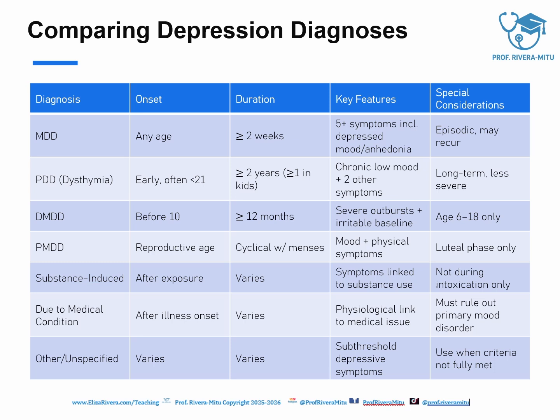Understanding course and context helps avoid misdiagnosis. Be sure to know which require 2 years, which are time limited, and which are situational or induced. This slide is your cheat sheet for board questions. Another board tip: DSM loves asking about duration, age of onset, and differential diagnoses.